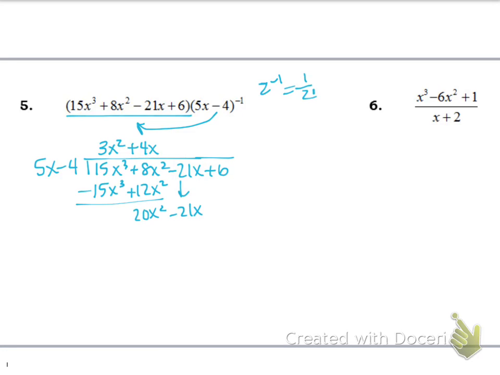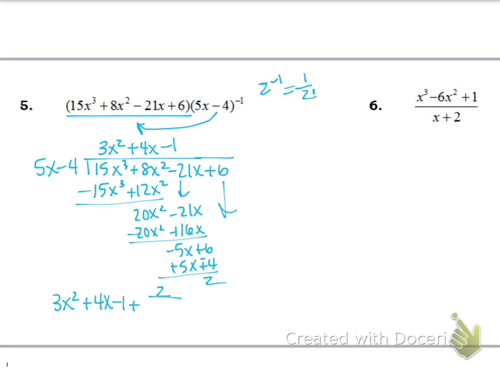So when I distribute him, I get 20x squared minus 16x. We flip. Negative 5x, drop the next one. Have to multiply by a negative 1. So negative 5x plus 4, flip. I got a remainder of 2 left. So I've got 3x squared plus 4x minus 1 plus 2 over what I'm still trying to divide out of it.